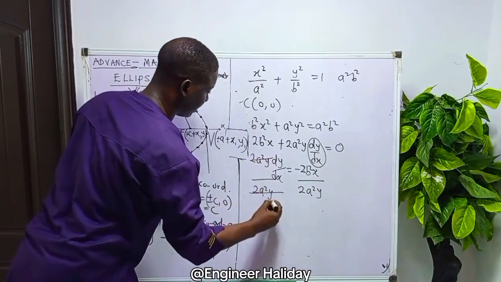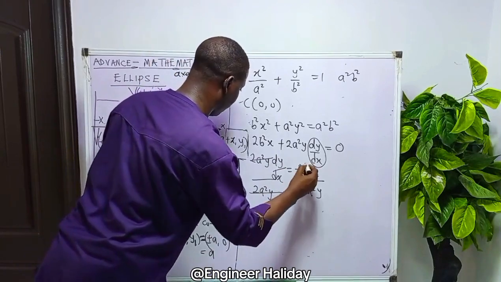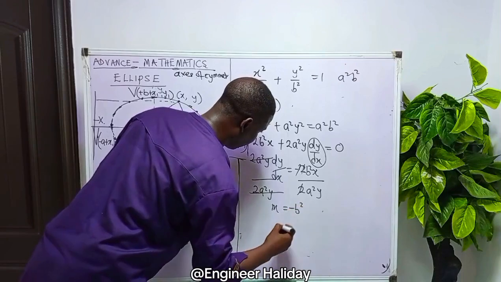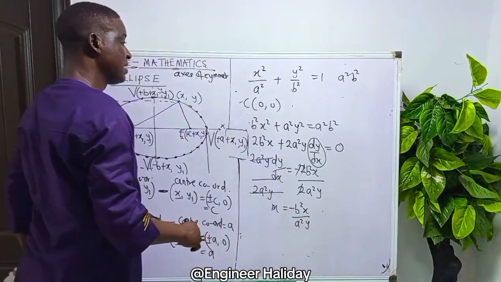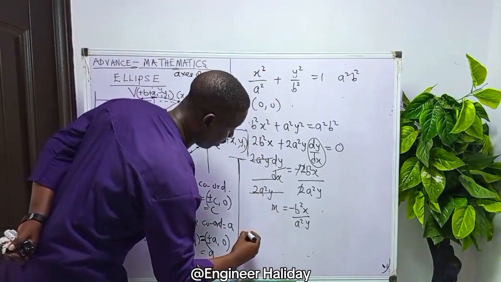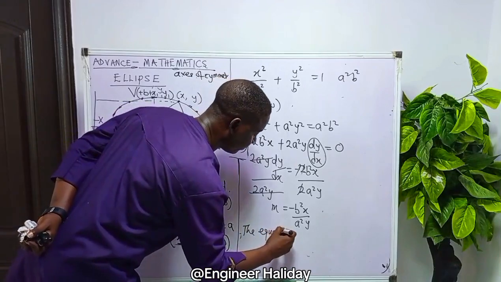This one will cancel this one, then the gradient m becomes minus b squared x over a squared y. Now this is the gradient of this ellipse.